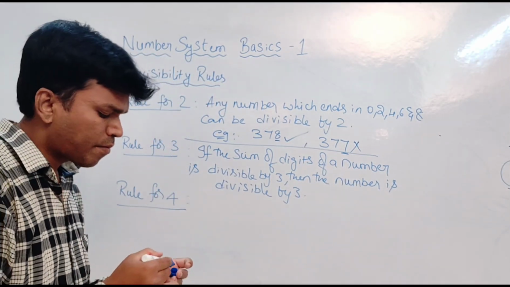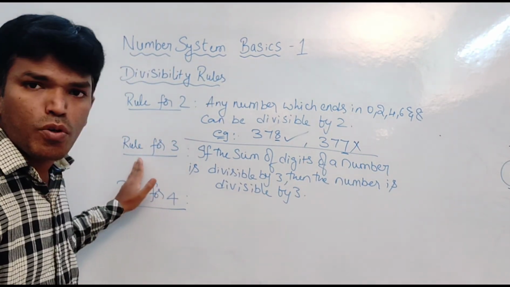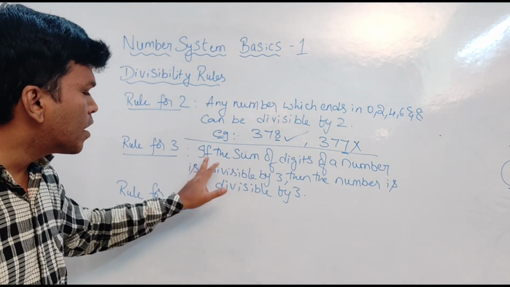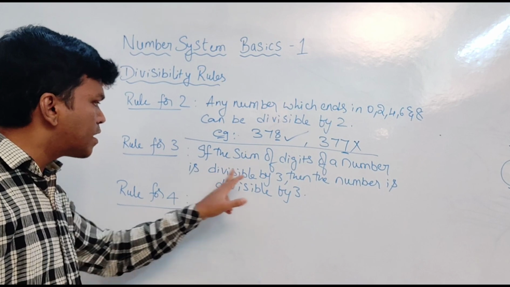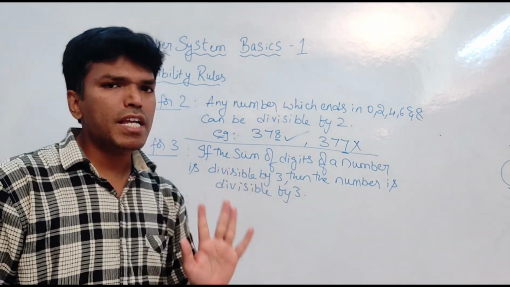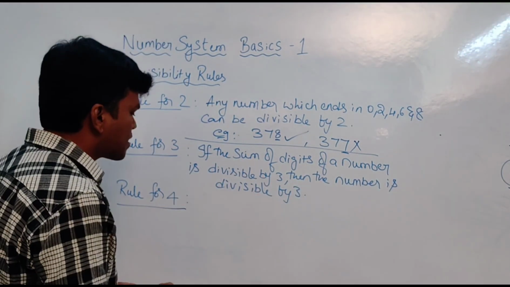I repeat. What is the divisibility rule for 3? If the sum of the digits of the number is divisible by 3, then the given number is divisible by 3. Let us take an example.